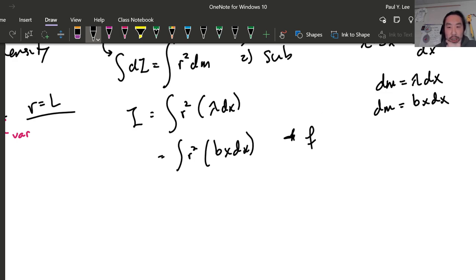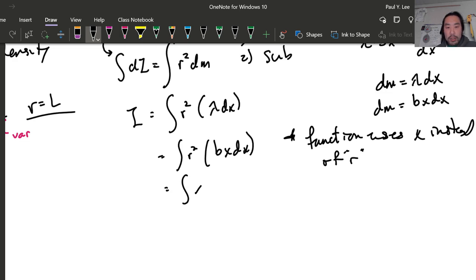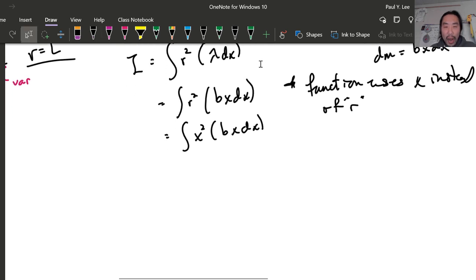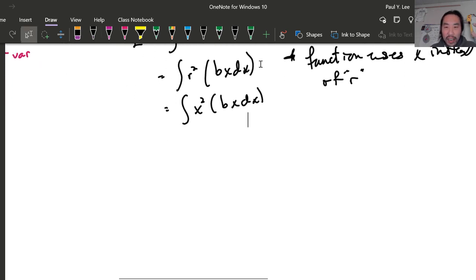The function uses x instead of r, right? So the function uses x instead of r, so I'm going to replace it in the next line. So this is x squared bx dx, right? You have that power. You're in charge of your calculus. You can do whatever is within the rules of math here.